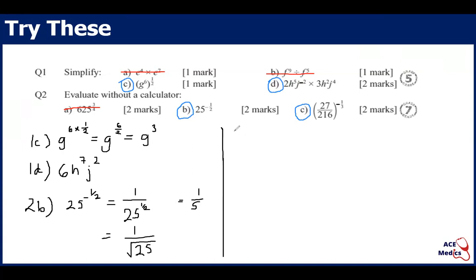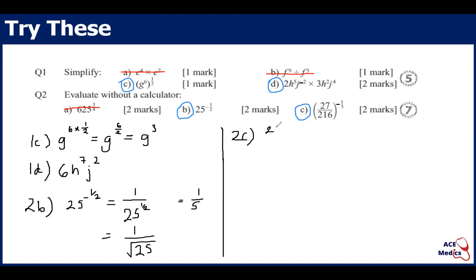Cool. Okay, 2c then is the really tricky one. Now, we've got 27 over 216 to the power of minus a third. Now, before we do anything, because it's to the power of a negative number, we are going to flip it and make that indice positive. Okay, seems a bit weird, right?